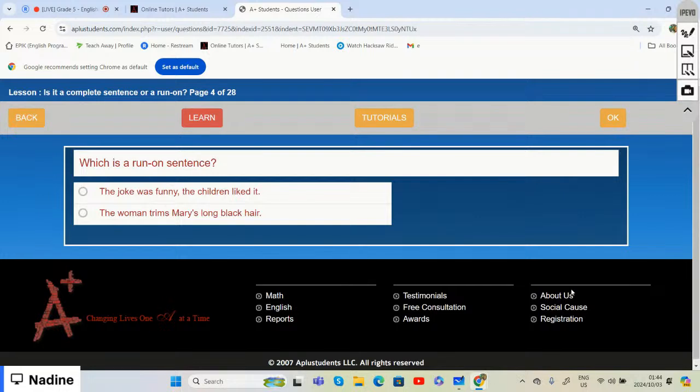Now let's do the last one. It says, which is a run on sentence? This is the last one. Is it option one, the joke was funny, the children liked it, or option two, the woman trims Mary's long black hair?